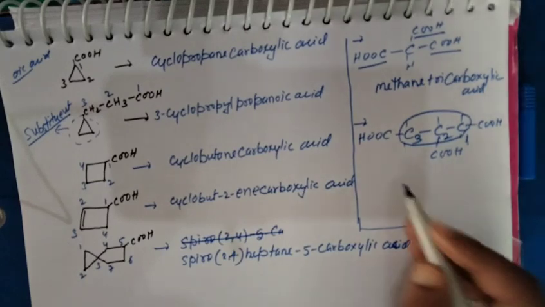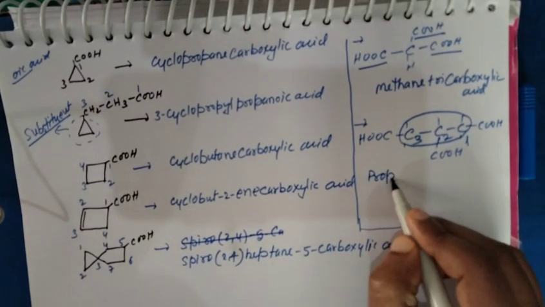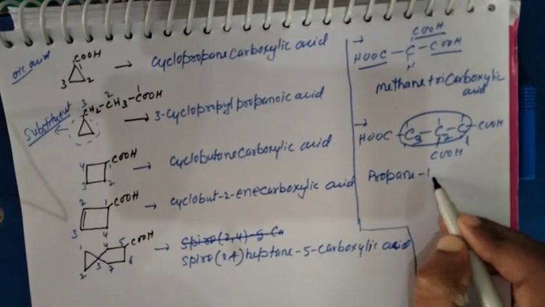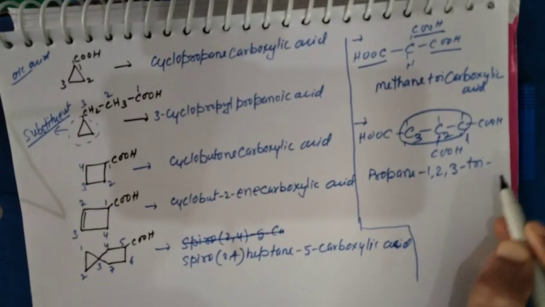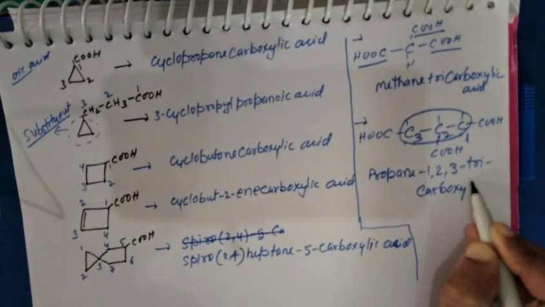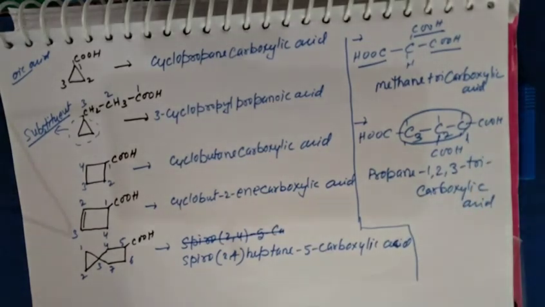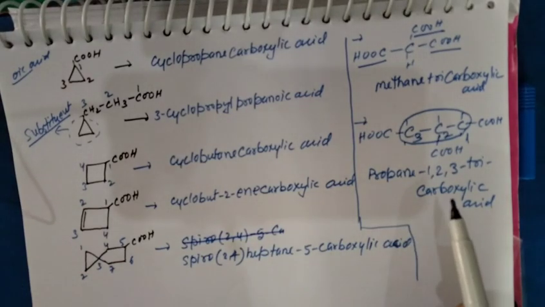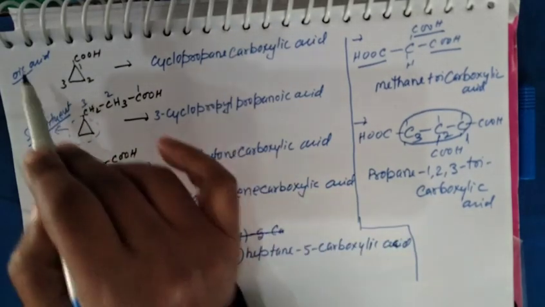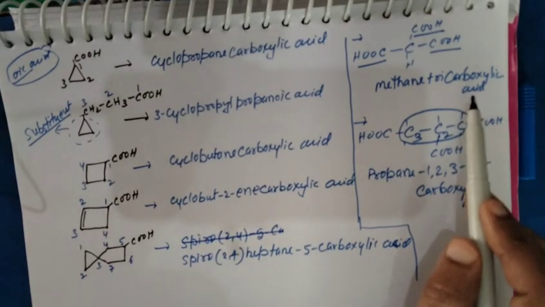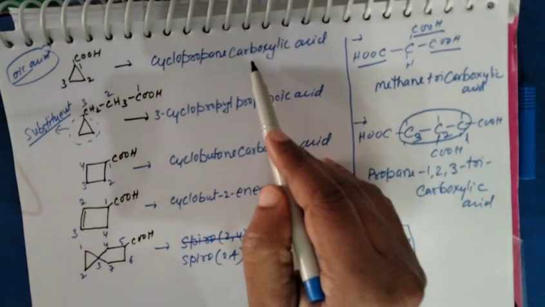This one is propane, and we can write the name as propane 1, 2, 3 tricarboxylic acid. The simple thing is, if you count the carbon atom, then you use oic acid. If you are unable to count the carbon atom in these cases, then you can simply say carboxylic acid.